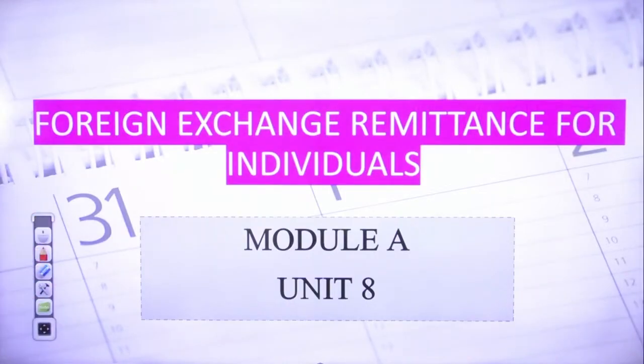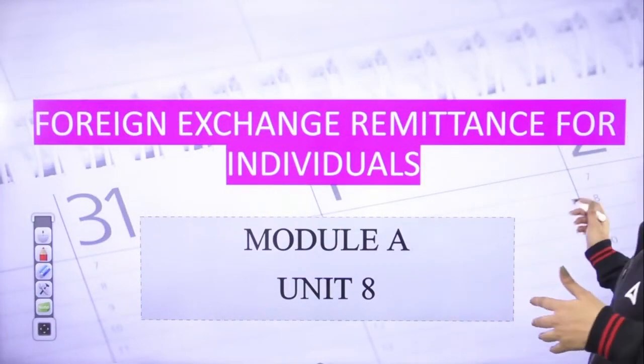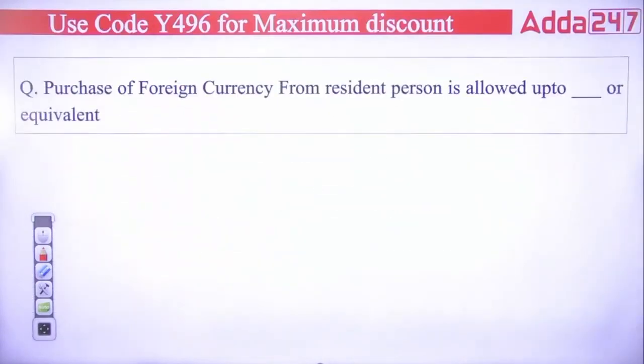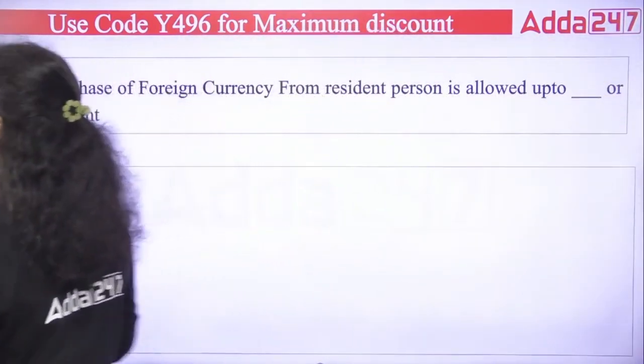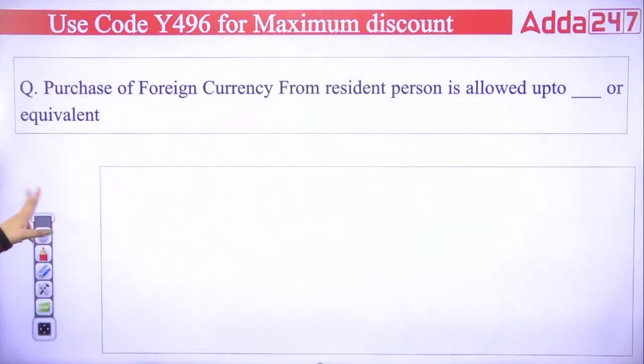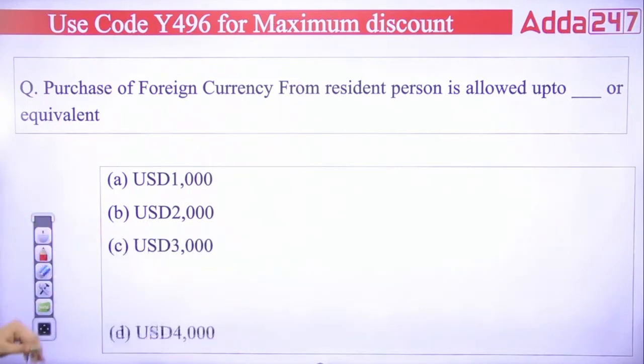Now this is what we are going to talk about: if you are doing a foreign exchange remittance for individuals, what instruments can be used, and what rules and regulations have to be followed. So let's start with the first question. It asks: purchase of foreign currency from a resident person is allowed up to dash or equivalent, and the options are $1,000, $2,000, $3,000, $4,000.